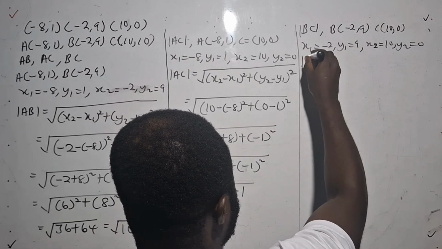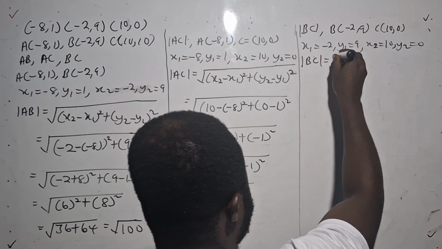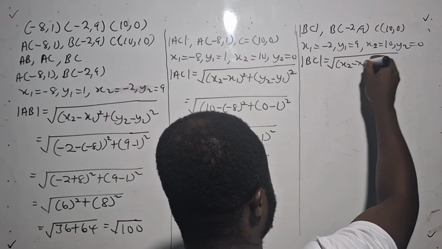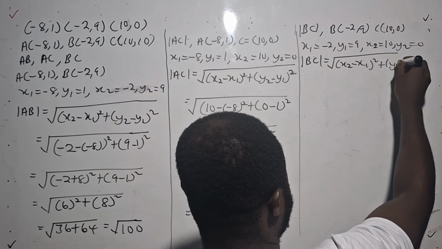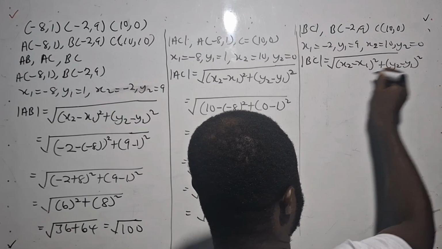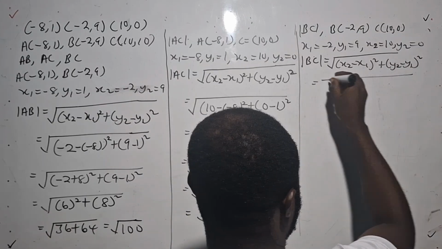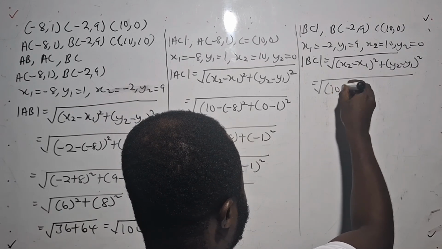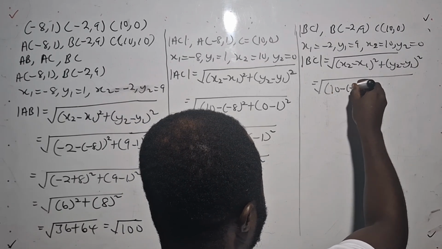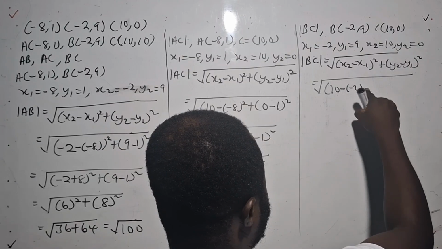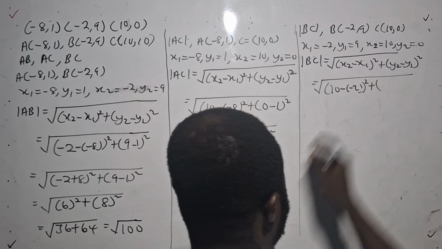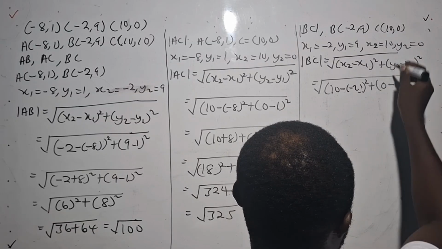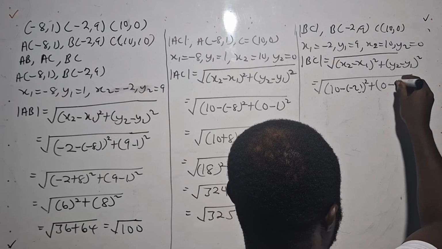Now let's find the length of BC. x2 minus x1 squared, y2 minus y1 squared. So x2, 10, x1, negative 2 squared. Then y2 is 0 minus y1, 9, squared.